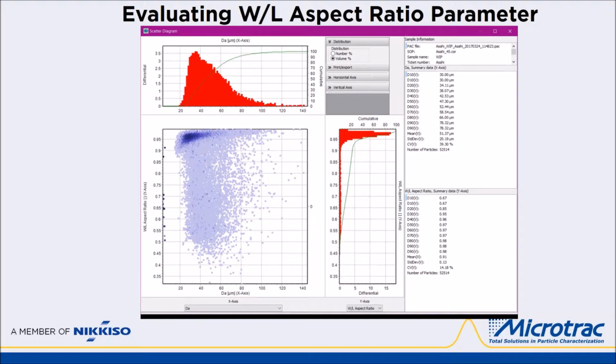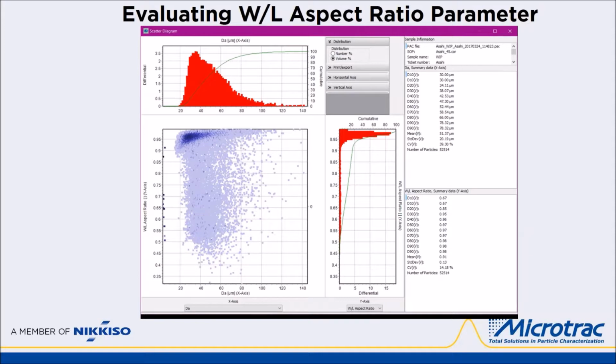Darker blue areas are areas of higher concentration. The X-axis graph shows the area equivalent diameter, the dA, and the Y-axis, the width to length ratio. The dA shows a distribution from 20 microns with a few particles as large as up to 140 microns.